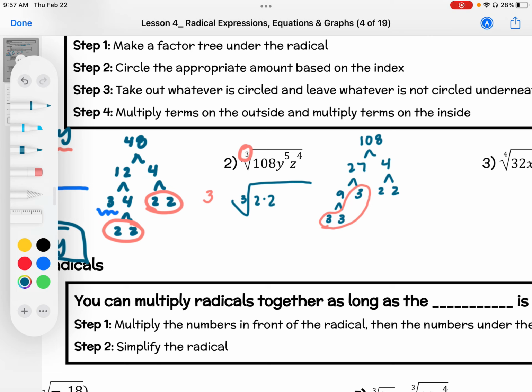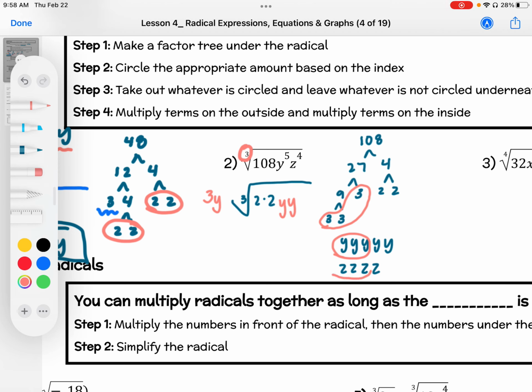Then we can do the same thing we did on the other problem with our y's and z's. We have 1, 2, 3, 4, 5 y's, and we have 1, 2, 3, 4 z's. I'm going to circle groups of 3. We have 3 y's, so we're going to have 1 y on the outside, and then we have 2 y's left on the inside.